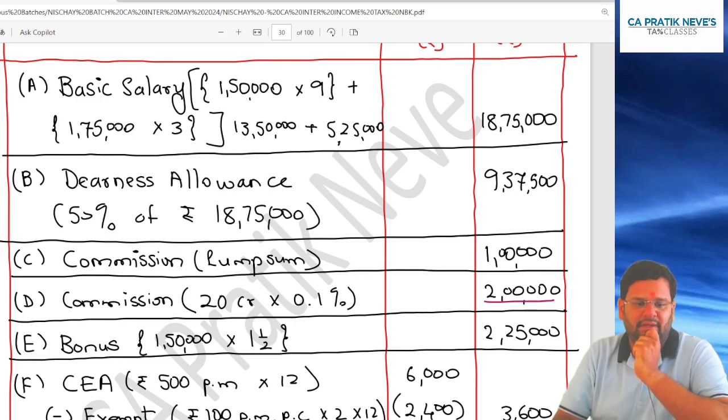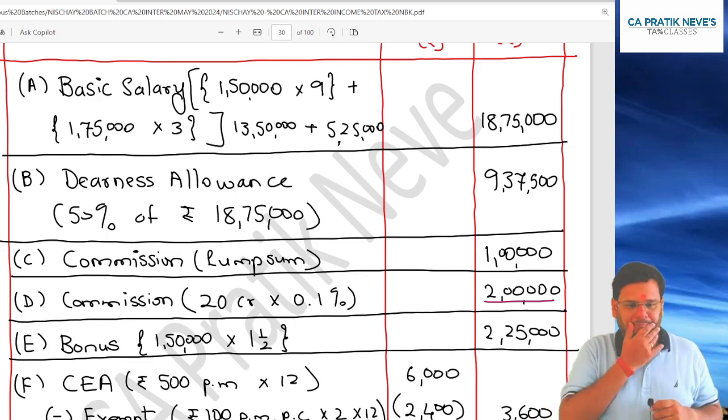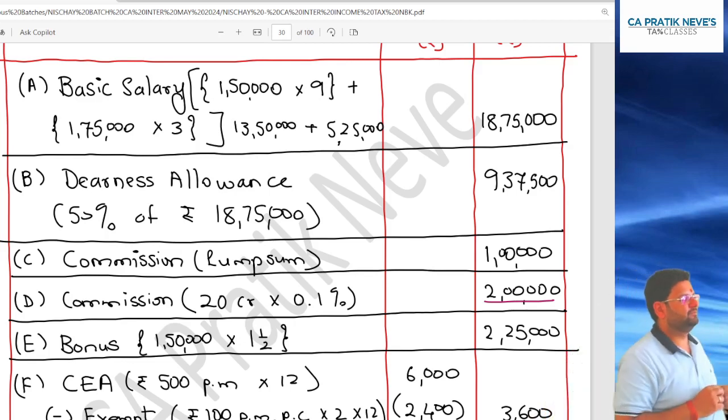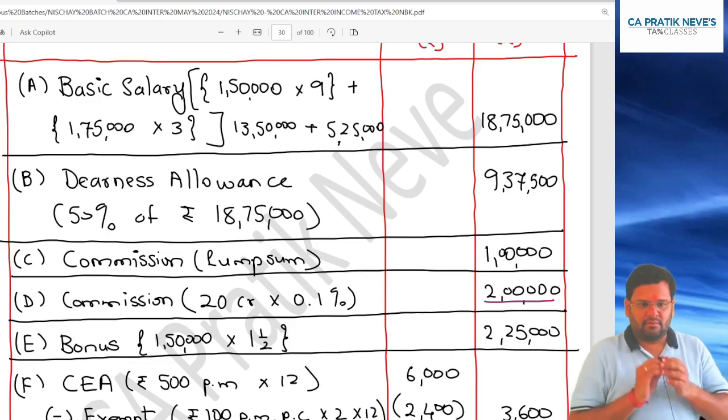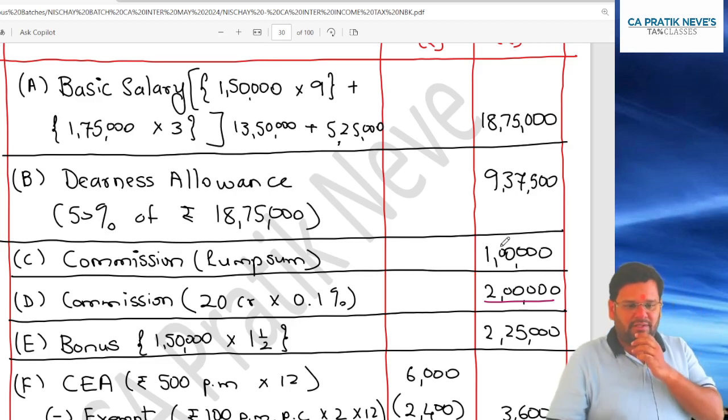Next, DA, 50% of basic. So 50% of 18 lakh 75,000. Are you getting 9 lakh 37,500?